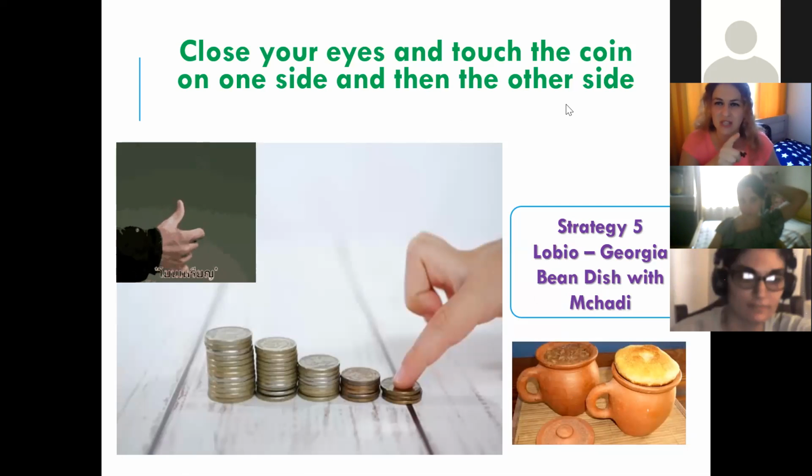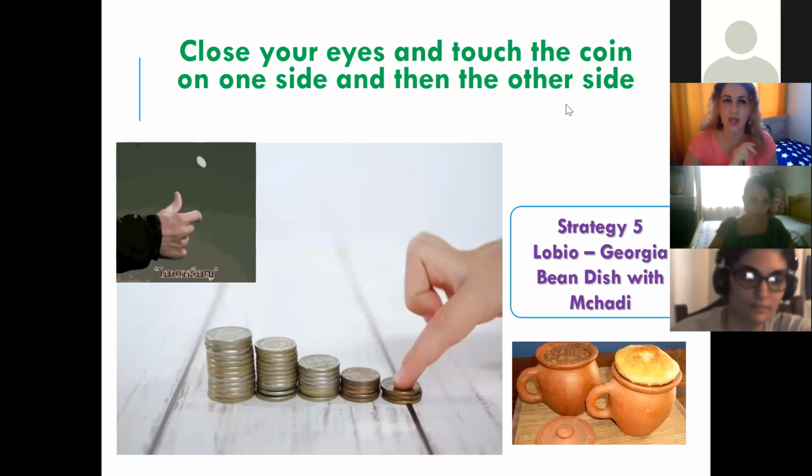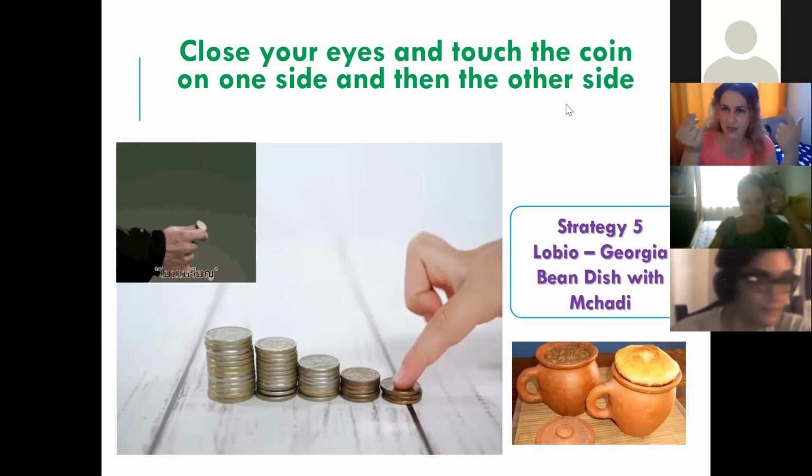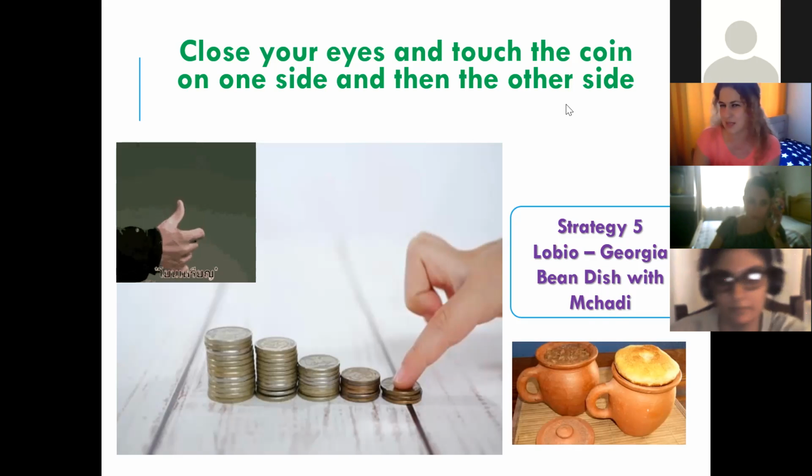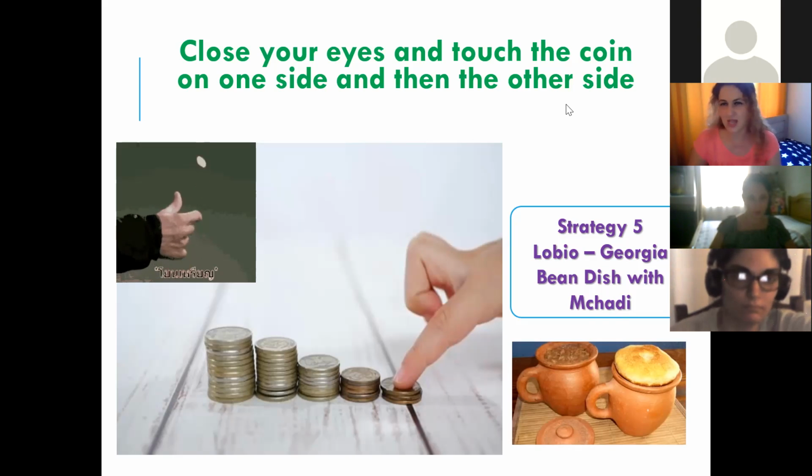This strategy stimulates our brain. We have to close our eyes, take a coin, touch the coin and stimulate our brain and ask the brain what is carved on the coin. Have you ever tried something like that?